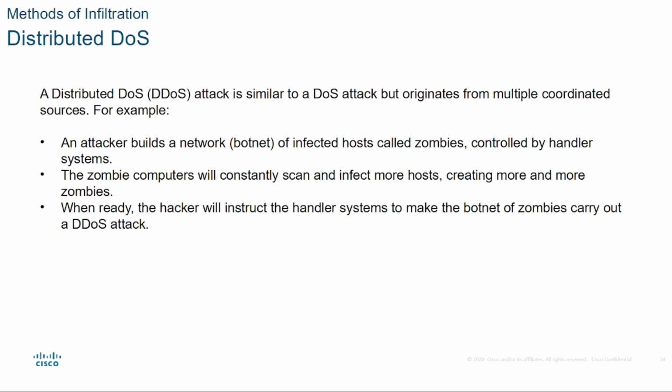When ready, the hacker will instruct the handler system to make the botnet of zombies carry out a denial of service attack. The handler system will order all zombies to send malicious packets or wrongly formatted packets over a network that will cause denial of service.